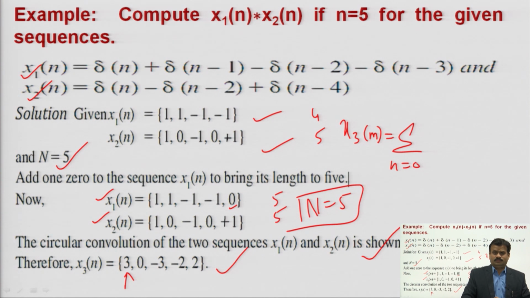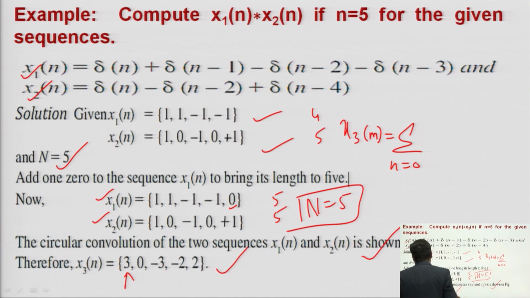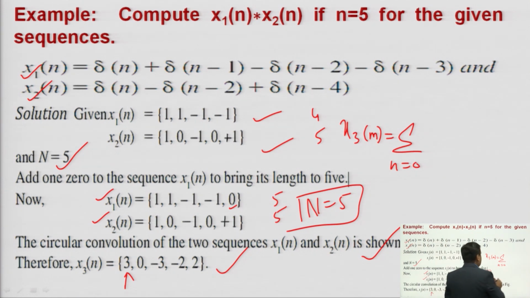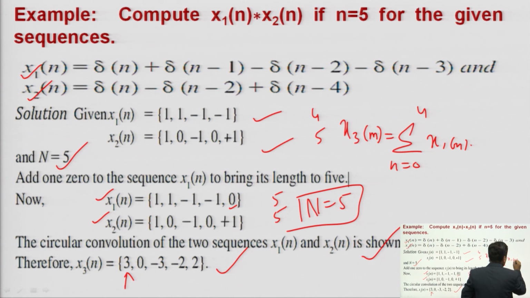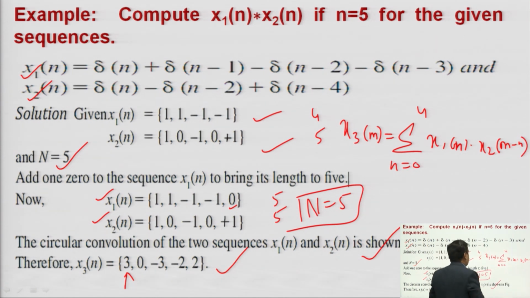Here it is given that capital N is equal to 5, so you have to take the length of the sequences as 5. So, you go from n equals 0 to 4, of x1 n into x2 of m minus n. Now, if you put m is equal to 0, what will happen to x3 of 0?